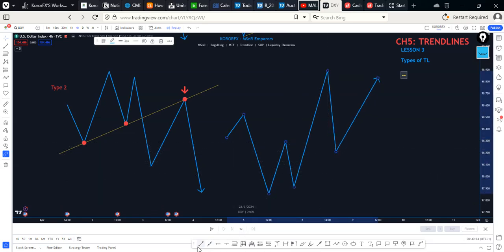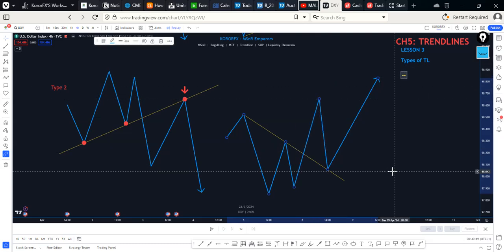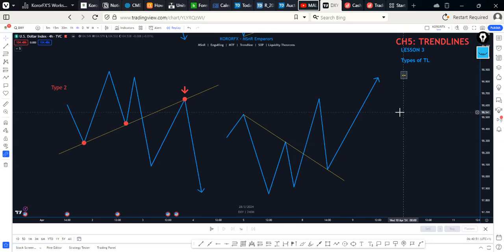Point 1 will be the last structure that price broke, and the first structure that price broke, and then we retest it back to the trend line, which we also focus on to be in line with SNR. So this is called breakout and retest trend line.